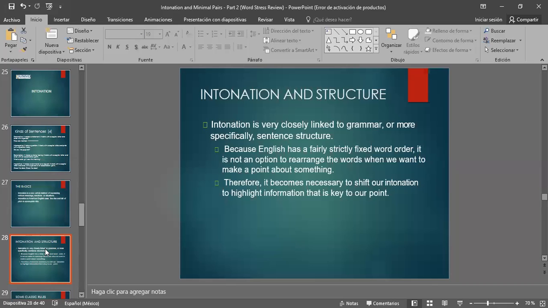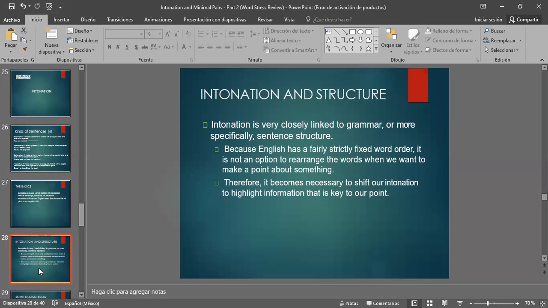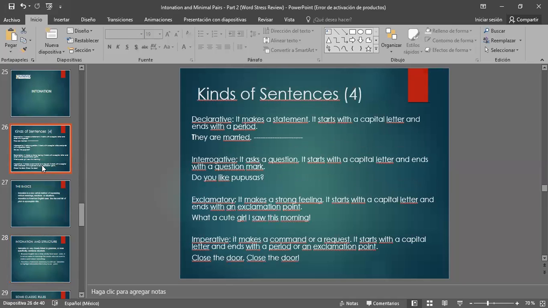Intonation is very closely linked to grammar, or more specifically, sentence structure. Es similar a la gramática, pero no es gramática, no se van a confundir, ¿verdad? No es gramática, es entonación.